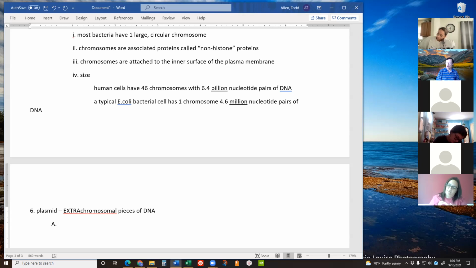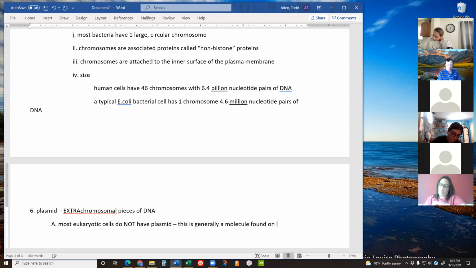Let me tell you that by far, most eukaryotic cells do not have plasmids. This is a prokaryotic entity. Most eukaryotic cells do not have plasmids. This is generally a molecule found only in prokaryotes.